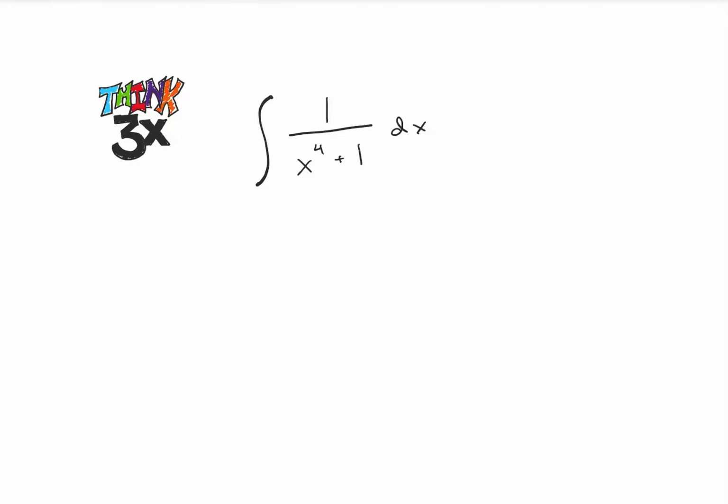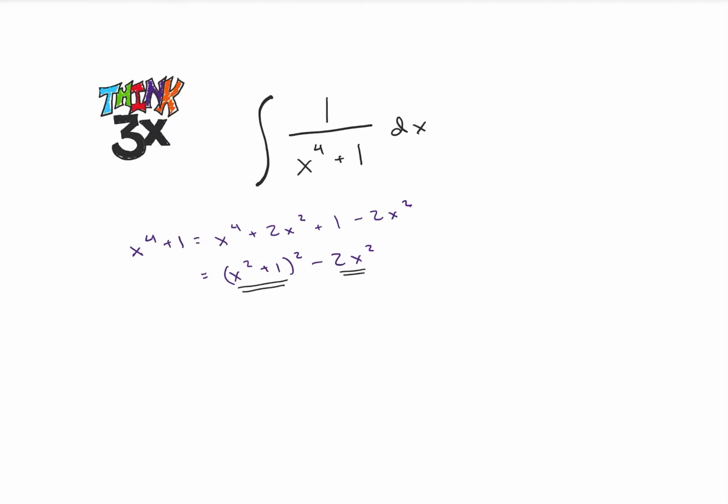So let's go ahead and note that x to the fourth plus 1 is the same as x to the fourth plus 2x squared plus 1 minus 2x squared. All I did was add and subtract 2x squared, which is the same as x squared plus 1 squared minus 2x squared. So what I notice here is that I have a square minus another square.